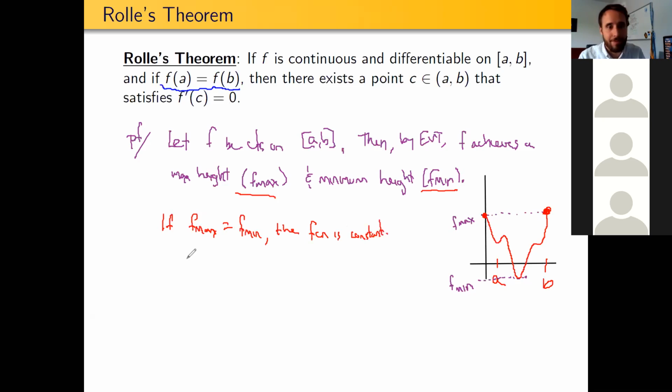Right? Otherwise, if f max is not equal to f min, at least one of the two, so either f max or f min, is not an endpoint.